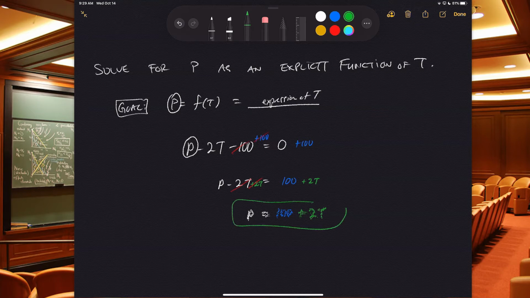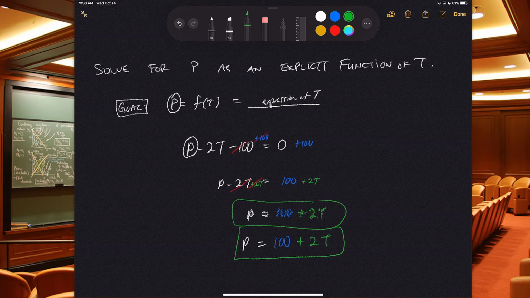I'll write that a little bit clearer here. And we have now a formula for P in terms of T. So anytime I have an input of T, I can find an output for P, right?